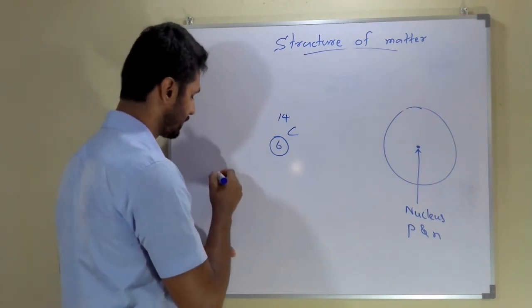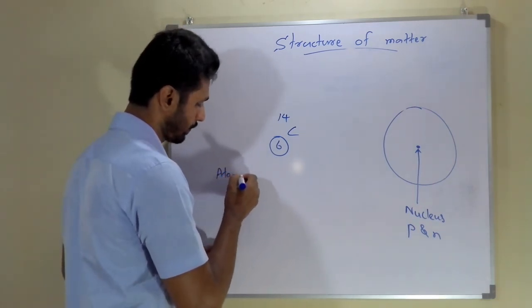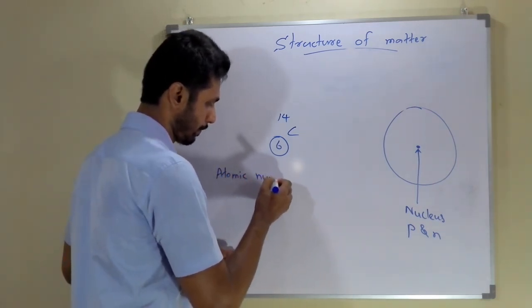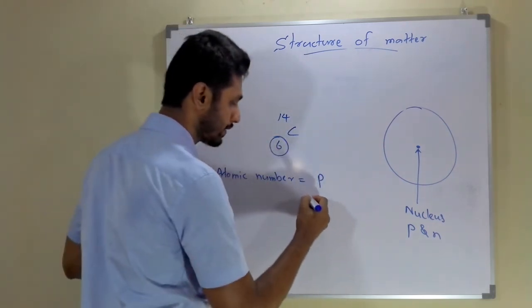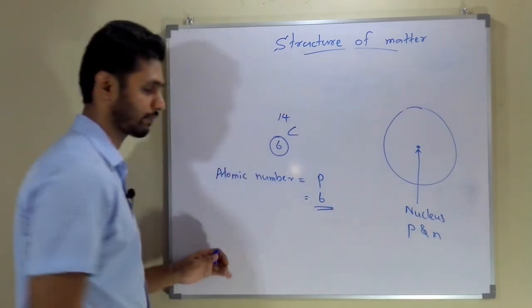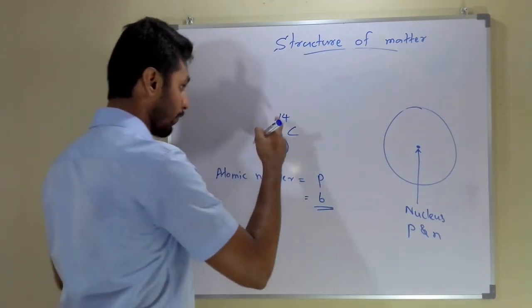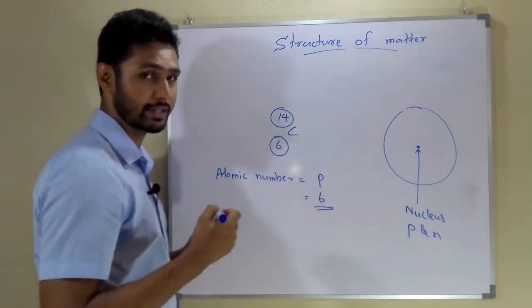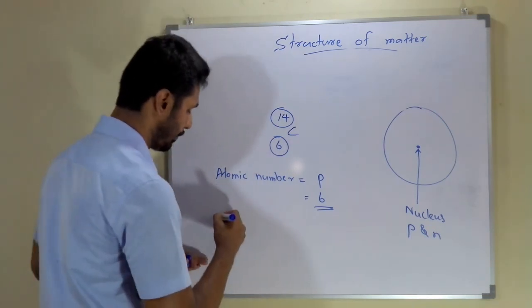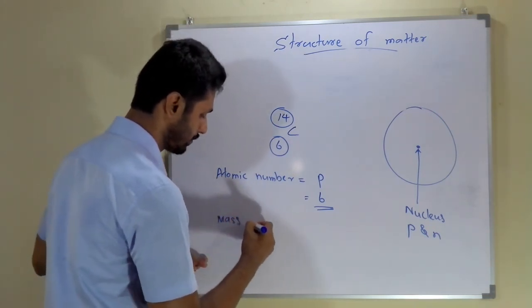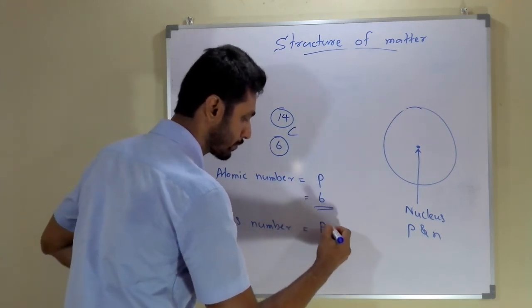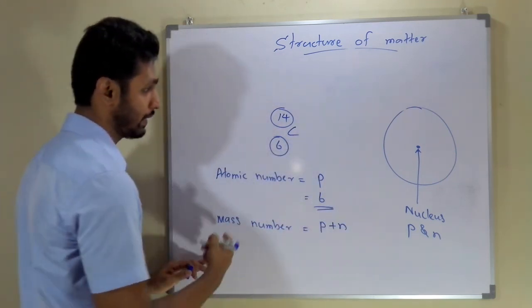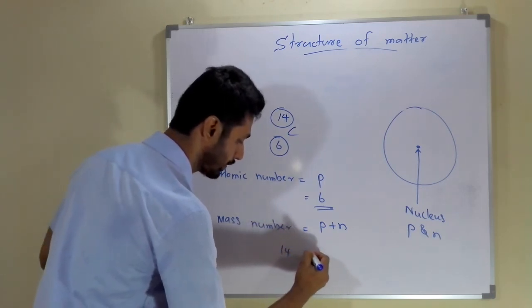Atomic number indicates the number of protons. So this carbon has 6 protons, and this 14 number indicates the mass number. Let's see, mass number is equal to the protons plus neutrons. So this mass number is 14.